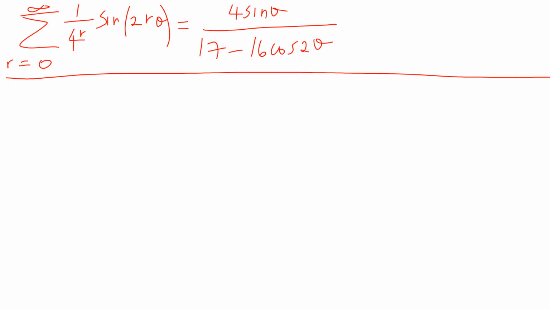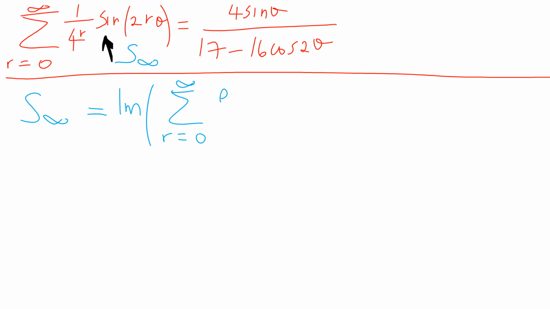Okay, let's use black. All right, so we have already seen previously that if I call this sum S to infinity, let me use a pen, that sum to infinity is equal to, we already saw, the imaginary part of the sum from r equal to 0 to infinity of e to the 2i theta all divided by 4 raised to the power r.